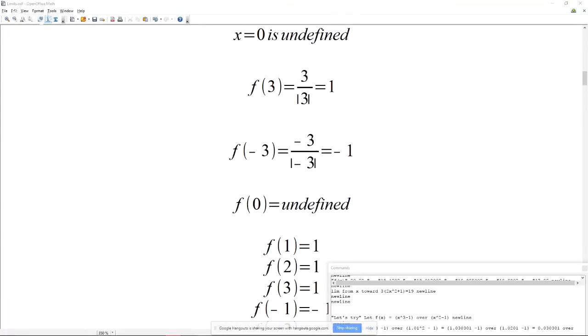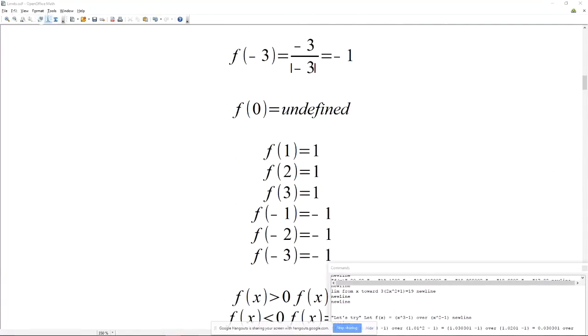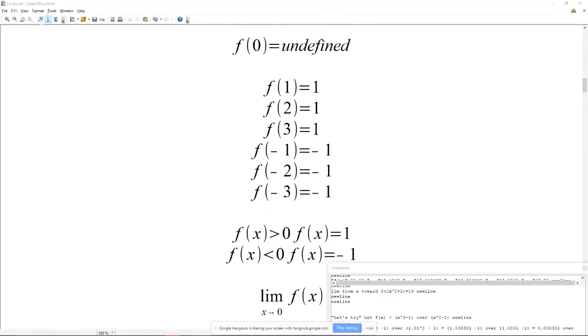So I can gauge that at x equals 0 I have an undefined value there. But if I put any positive number in, I get 1. If I put any negative number in, I get -1. So I can write it as an inequality and say if x is greater than 0, I'm going to end up with 1.